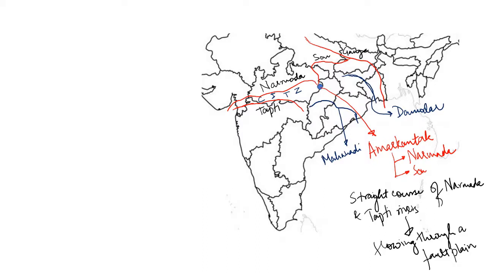And as I had mentioned, this place is Amarkantak. Now, the straight course of the Narmada and Tapti rivers implies that they are flowing through a fault plane. The Narmada and Tapti rivers roughly mark the northern and southern boundaries of the CITZ. And this zone through which the Narmada and Son rivers flow is also called the Son Narmada lineament.